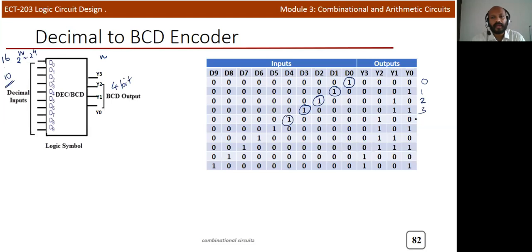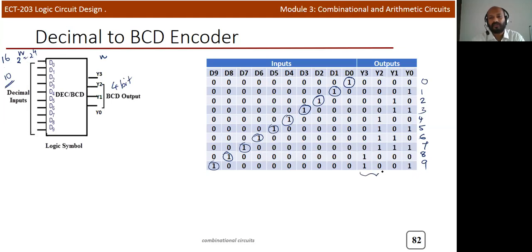And D4, the binary equivalent of 4. When D5 is equal to 1, it's the binary equivalent of 5. When D6 is equal to 1, it's the binary equivalent of 6 at the output side. When it is 7, the binary equivalent of 7. And when it is 8, the binary equivalent of 8. And finally, D9 equal to 1 means you will get the binary equivalent of 9 at the output side.